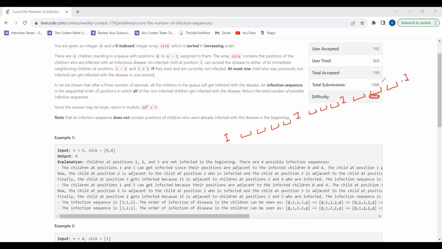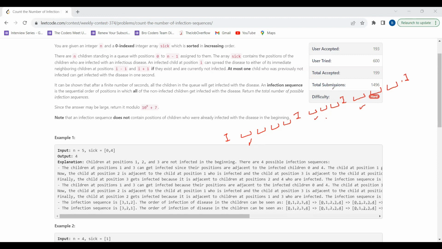So these all are independent cases. Suppose this is getting infected, then this is getting infected, and this is getting infected. So these are all independent of each other, right?